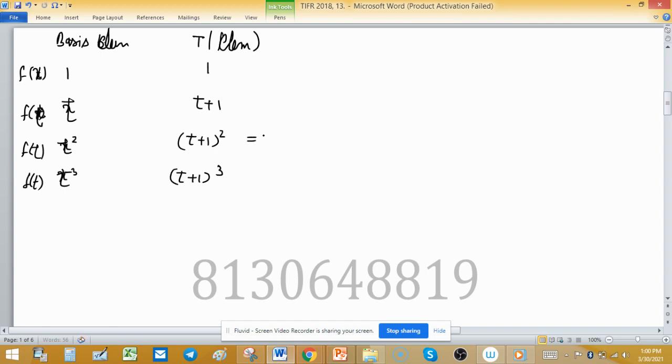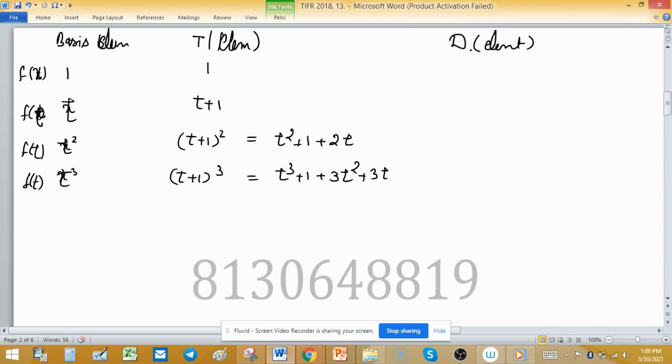We can write these as t square plus 1 plus 2 times t, and t cube plus 1 plus 3t square plus 3t. And this is the column for D, the operator D, and these are the basis elements' images.